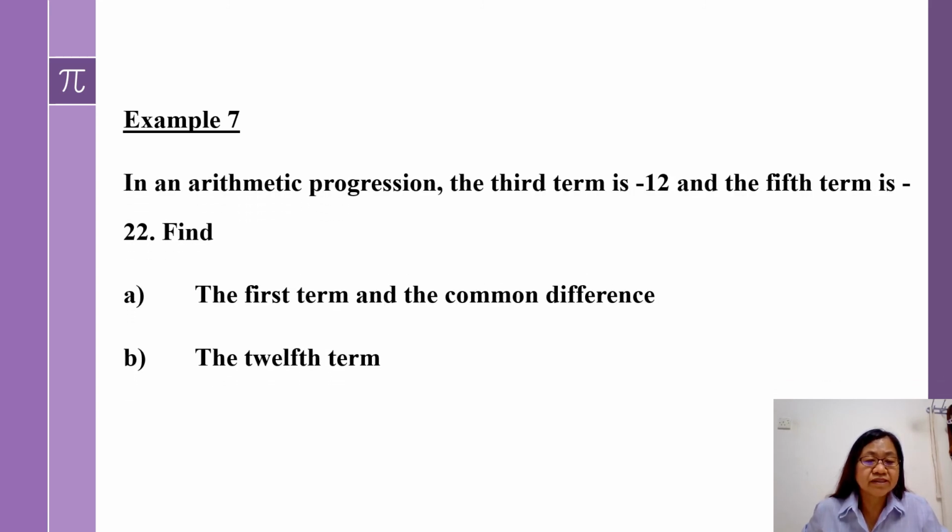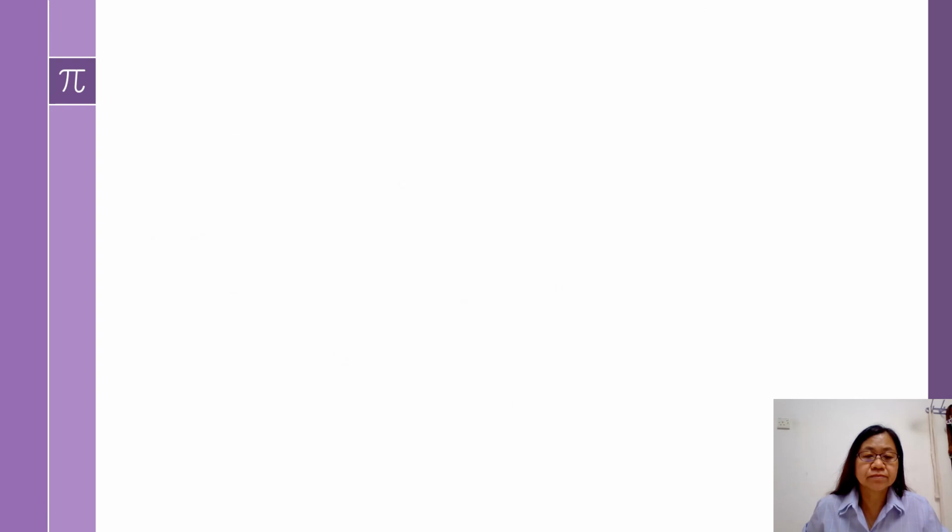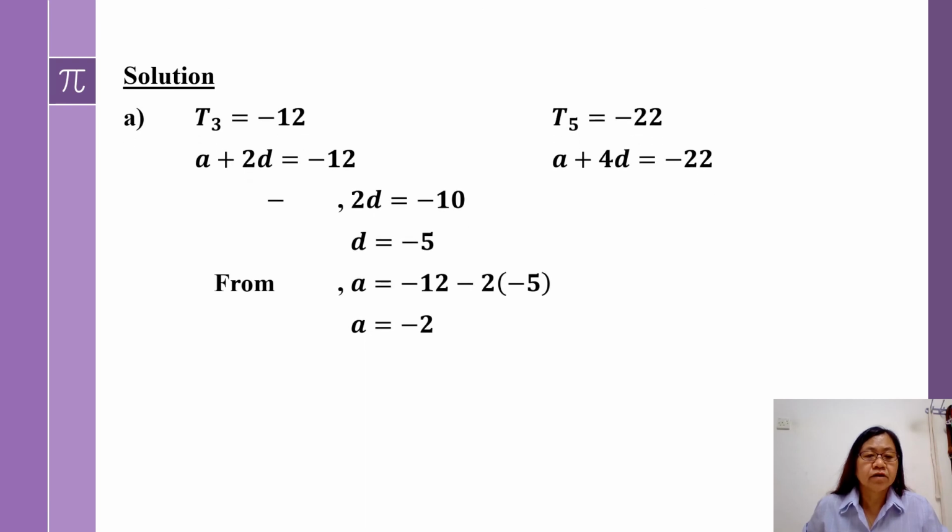Okay, now example 7. In an arithmetic progression, the third term is negative 12 and the fifth term is negative 22. Find, part A, the first term and the common difference. B, the 12th term. So T3, the third term, is negative 12.